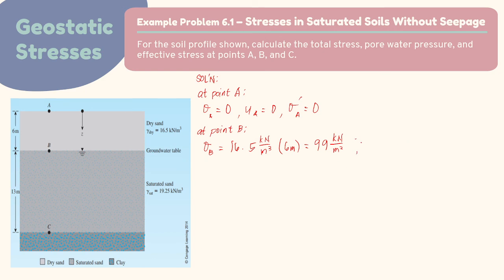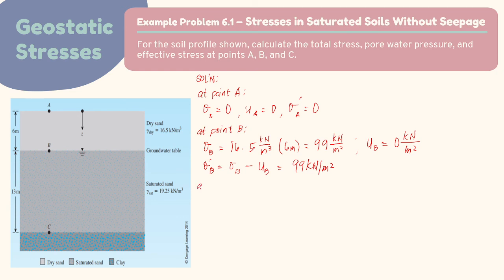And our pore water pressure at point B is equal to, of course, 0, because there is no water above point B and the sand is completely dry. And therefore, our effective stress at point B is equal to the total stress at B minus U sub B. So this is equal to 99 kilonewton per square meter.